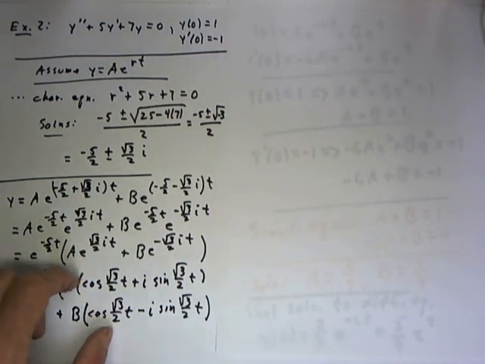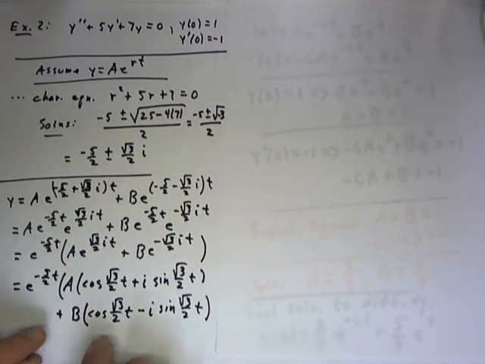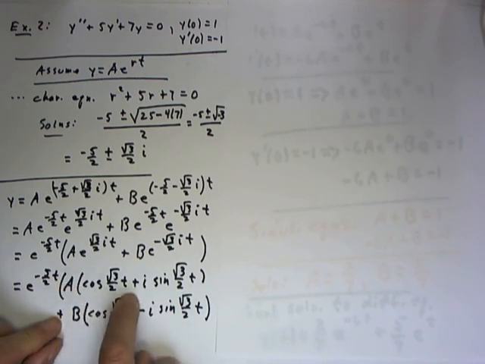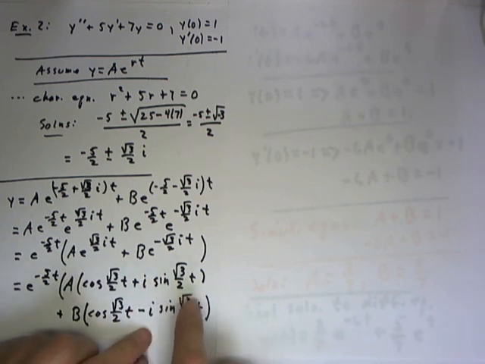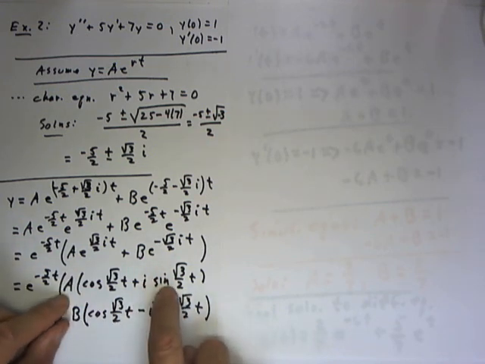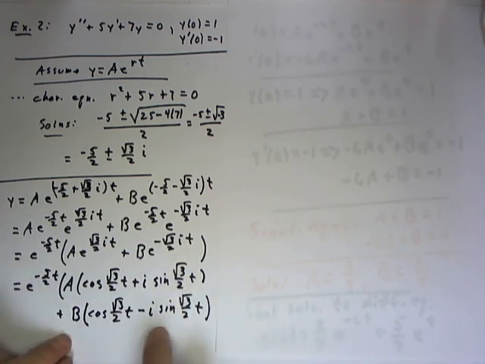Now if we simplify a little further, we see that we have both an a and a b times the cosine of the square root of 3 over 2 t, and i times a times the sine of square root of 3 over 2 t, and negative b times the sine of square root of 3 over 2 t.